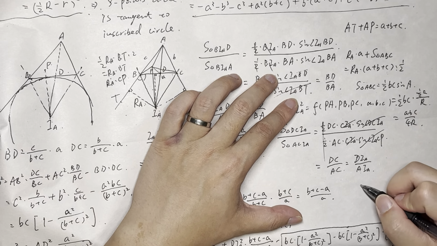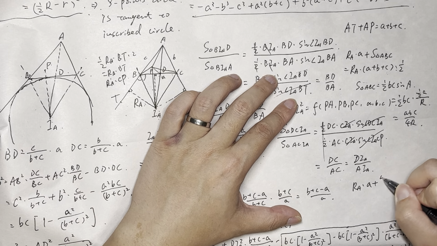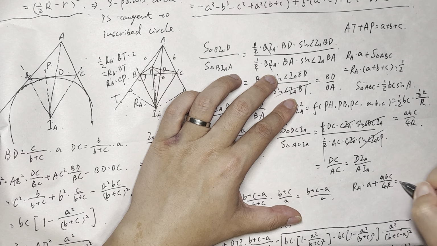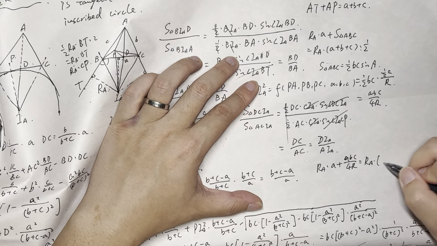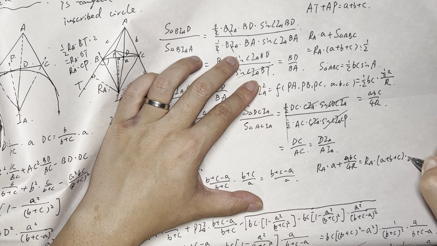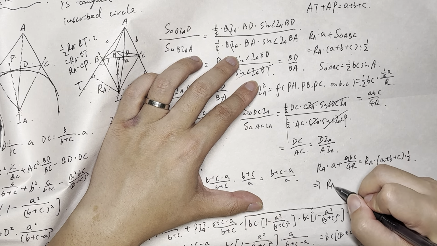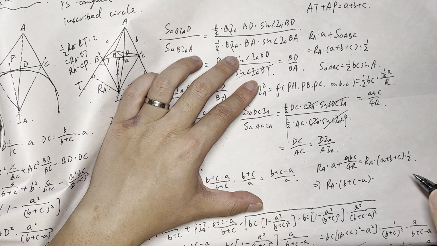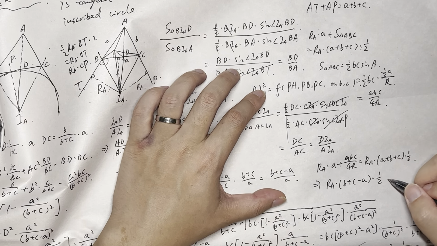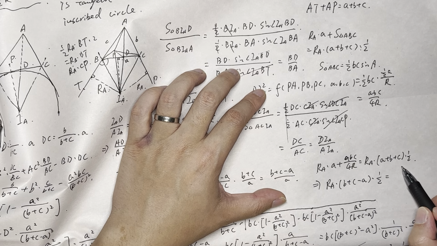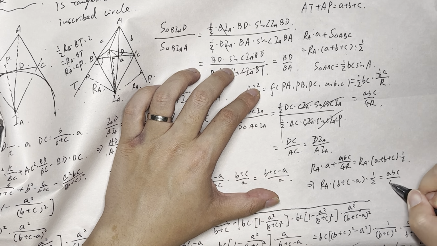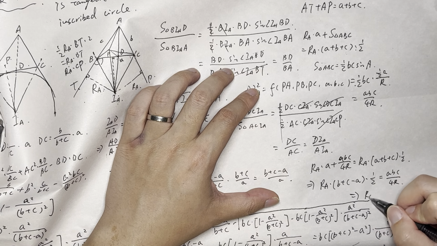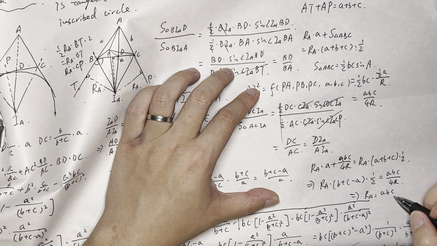So we got that RA times a plus abc over 4R equals RA times a plus b plus c times half, right? Which means RA times b plus c minus a times half equals 2. So basically we move this to the right side, equals abc over 4R, which means RA equals abc over 2R times 1 over b plus c minus a, right?